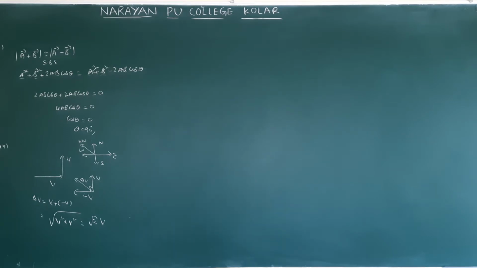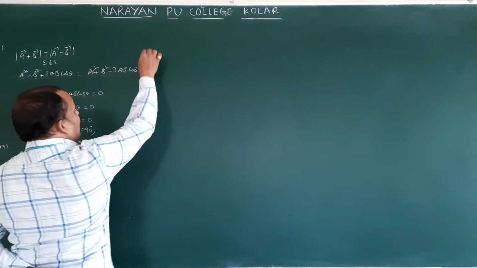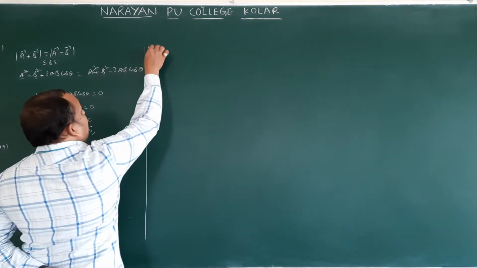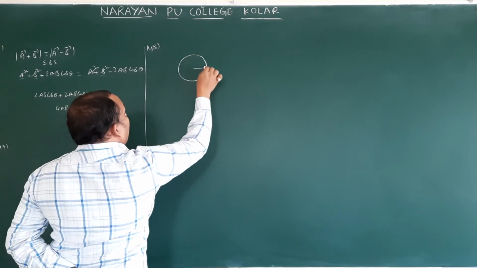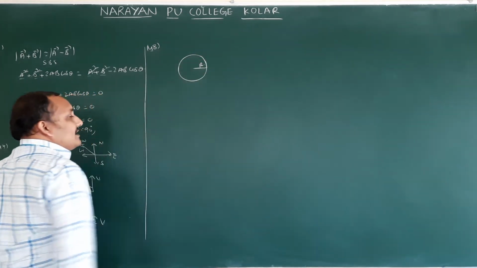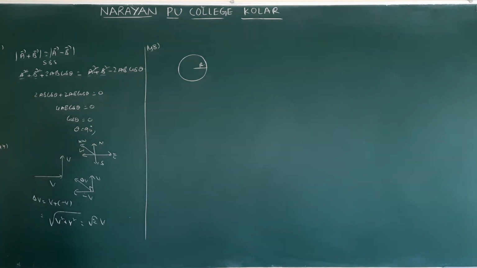Next, question number 48. A particle is moving in a circle of radius capital R with speed v. The average acceleration when the particle has traveled half circle is? Very, very important model. An object is moving in a circular path of radius r.